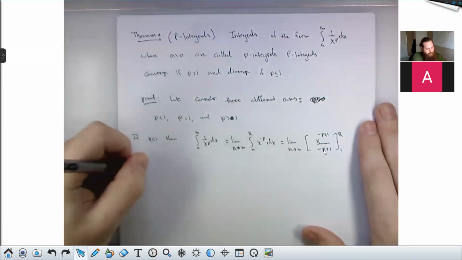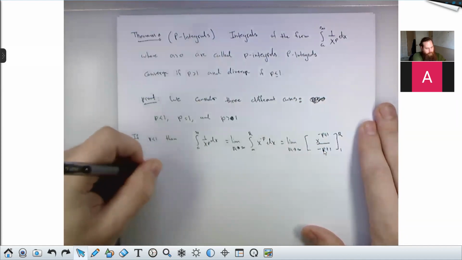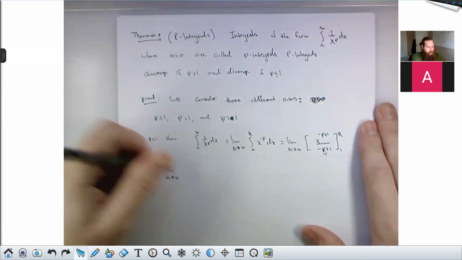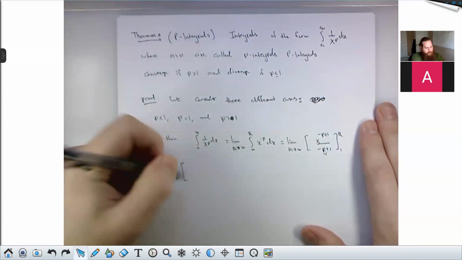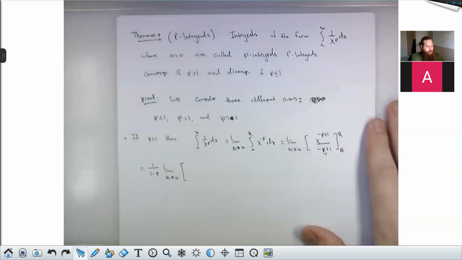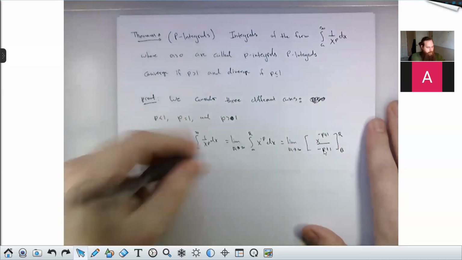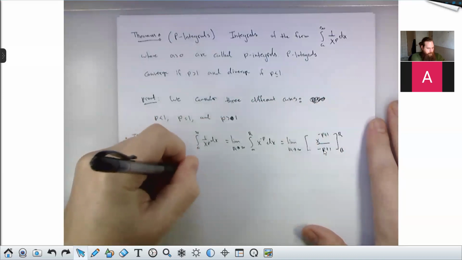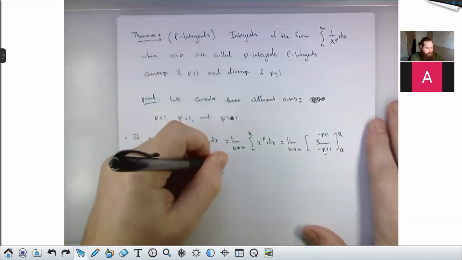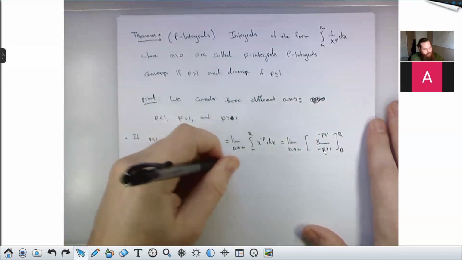So this is 1 over 1 minus p times the limit as r goes to infinity. And inside here, I have, oh, and this should be an a, sorry, not a 1. Then I'll have r to the negative p plus 1 minus a to the negative p plus 1.